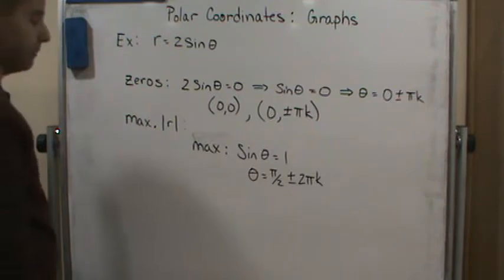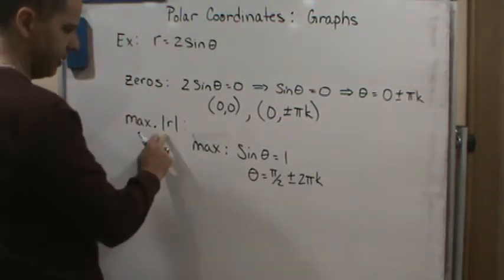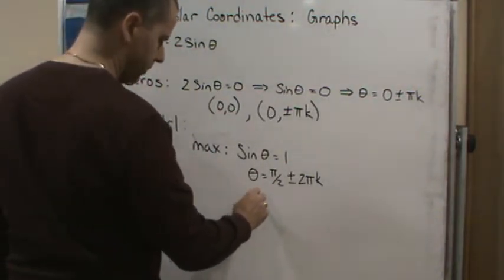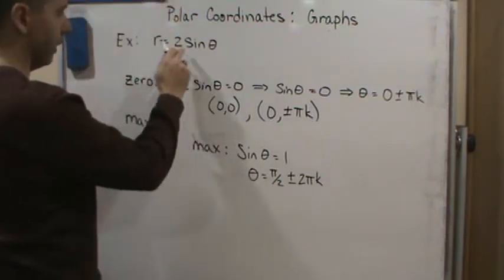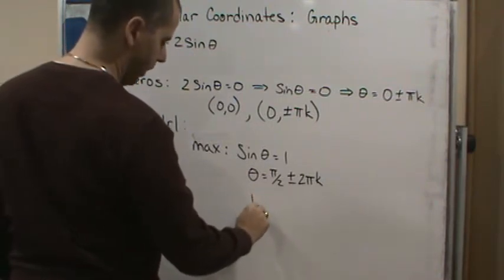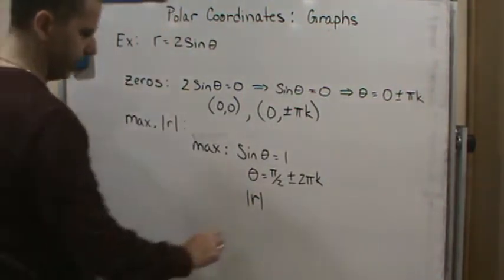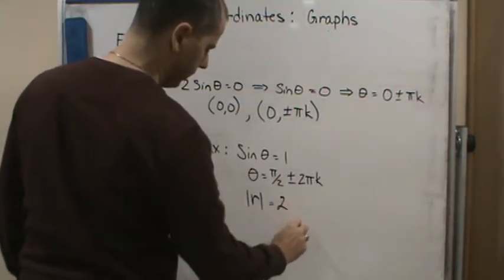So what does that mean? It means that at these angles, what's the maximum value? In absolute value, it's going to be 2, right? Because the maximum value of sine is 1 at these angles, so the absolute value of r is going to be 2.